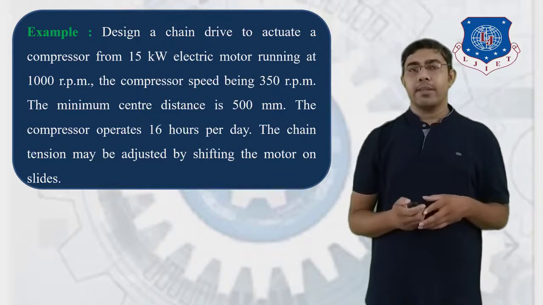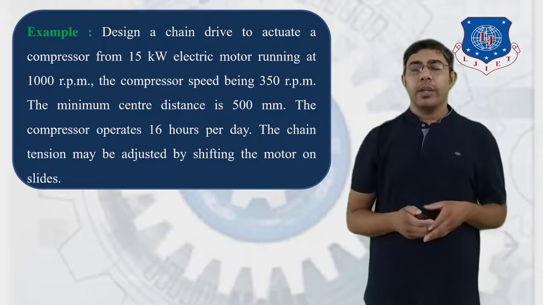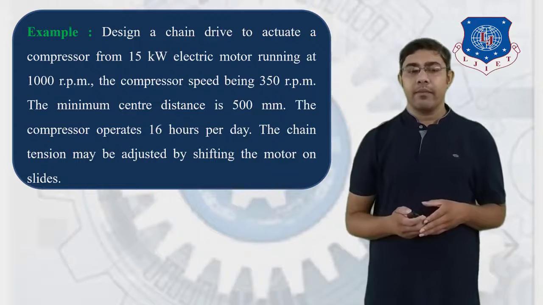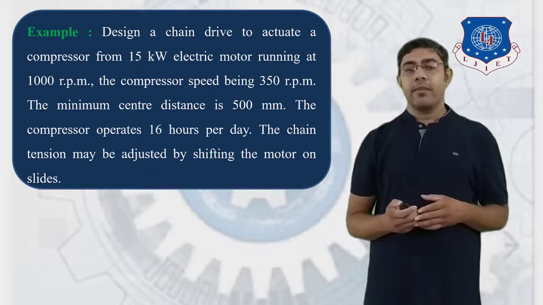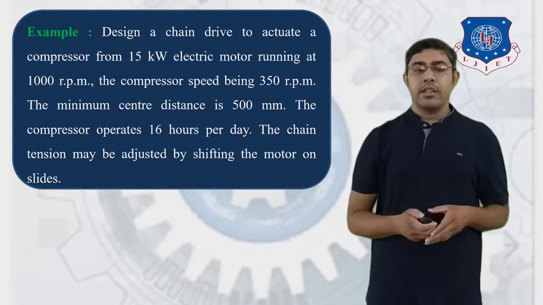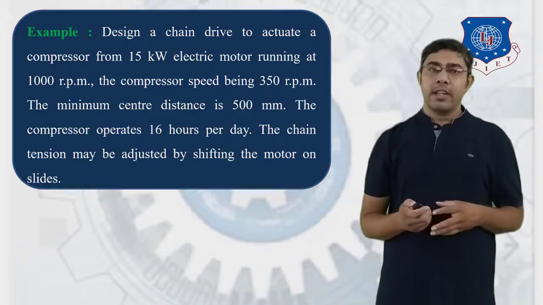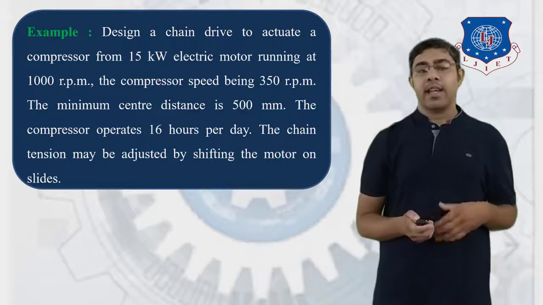The compressor speed is 350 rpm. The minimum center distance is 500 mm. The compressor operates 16 hours per day. The chain tension may be adjusted by shifting the motor on site.